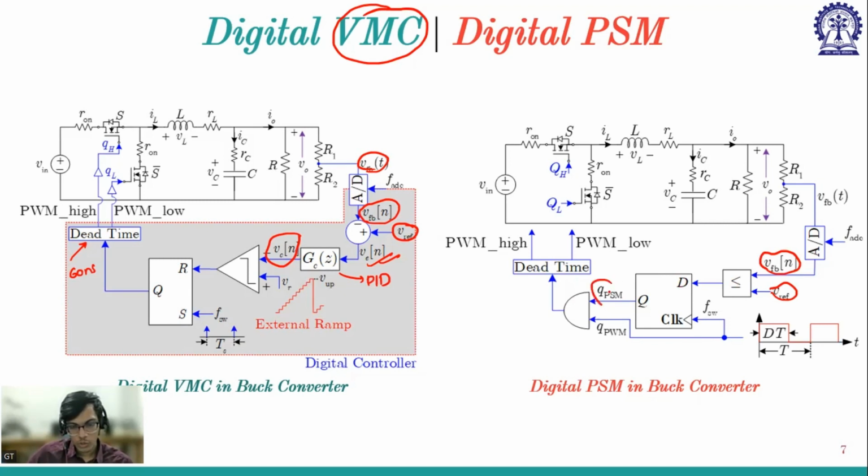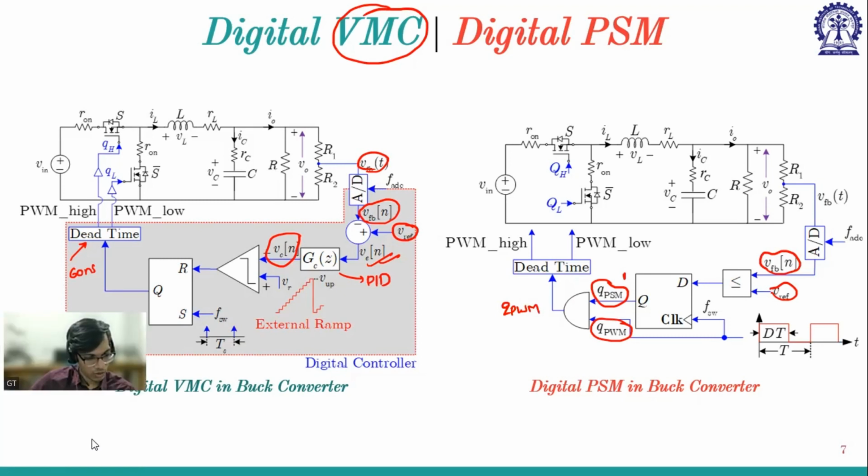The output is QPSM, the PSM logic, and this is the QPWM, the PWM block, and then they're fed to the AND gate. If it is charge, then it becomes 1, and then QPWM passes for charge, which means it has to be charged, so the gate pulse will go. And if it is a skip pulse, then it will be 0, and the output will be 0. It will be 0 until V naught comes below V reference, and then it will charge again. So this is the basic architecture, or the working, of digital PSM in a buck converter.